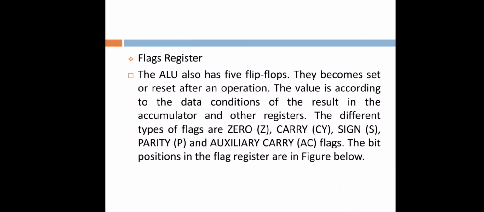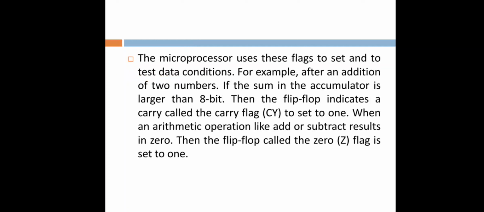All the flags are affected by the content of the accumulator, and there are different types of flags: zero flag, carry flag, sign flag, parity flag, auxiliary carry. The flag register is bit oriented. The microprocessor uses the flags to set and reset conditions.